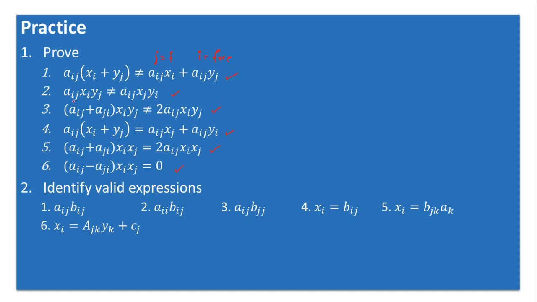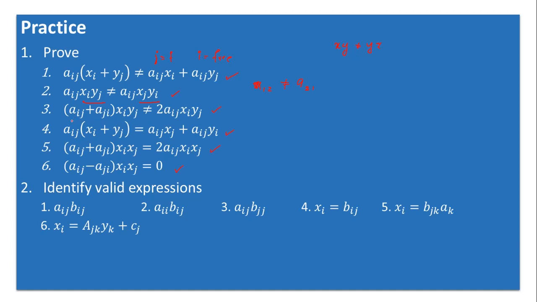Here also x_i y_j cannot be equal to x_j y_i, because as we know, this term a12 cannot be equal to a21. That is, say xy cannot be equal to yx. This is the case over here. You can find by opening the brackets. Similarly, you can see the terms here also.